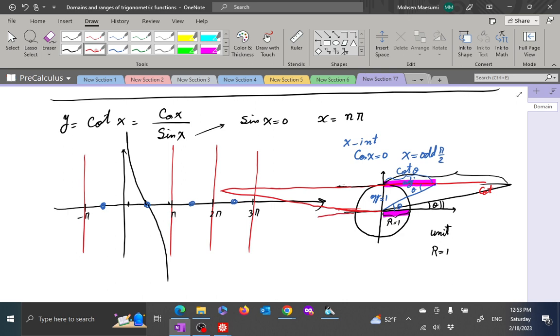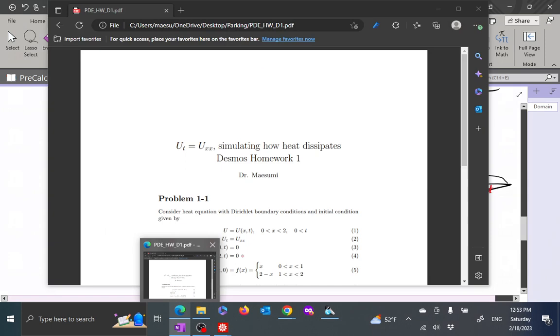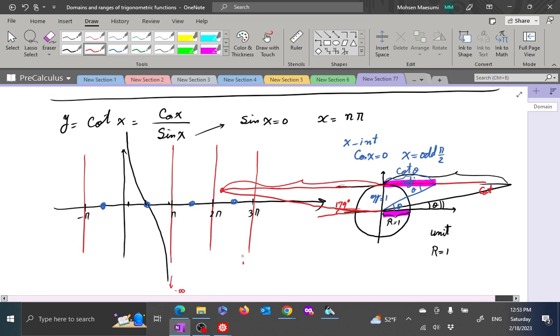So if you are at 179 degrees, your intersection is here, and this is what your cotangent is supposed to be. Well, that's on the left side, so it's negative and escaping away. So that's why it has to go to minus infinity. That's why you got an asymptote down here, and the picture repeats itself.